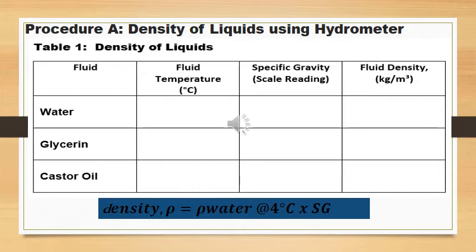After we obtain the data, we will use this equation below to solve for the density of the fluids, which is the density of water at 4 degrees Celsius times the specific gravity that we have obtained. The density of water at 4 degrees Celsius is 1,000 kilograms per cubic meter.